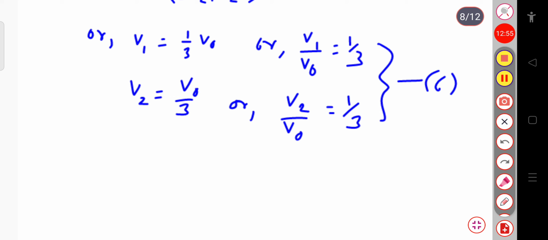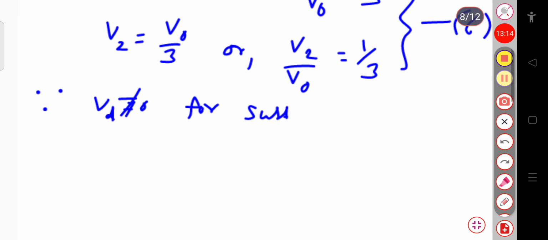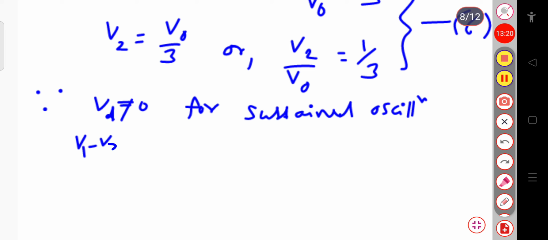But if I consider the sustained oscillation, then Vd is not equal to 0. Since Vd is not equal to 0 for sustained oscillation, V1 minus V2 is also not equal to 0.